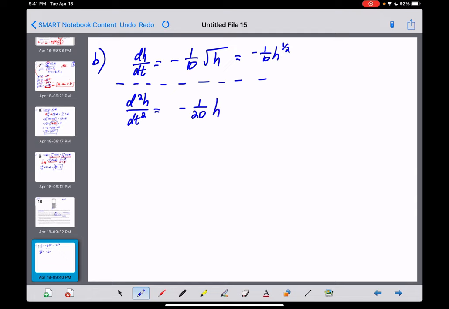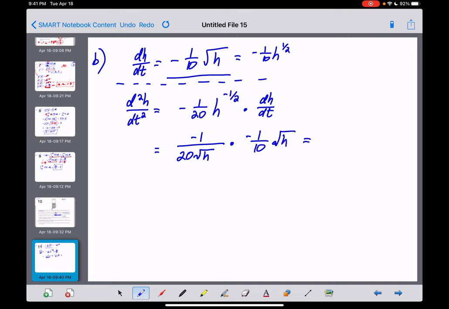We drop the power by 1, that's now a negative 1/2, and then times the derivative within, and that would be the derivative of h taken with respect to time. So we can clean this up a little bit to make this a negative 1 over 20 times the square root of h. But that then gets multiplied by dH/dt, which was this quantity right here, a negative 1/10 times the square root of h.